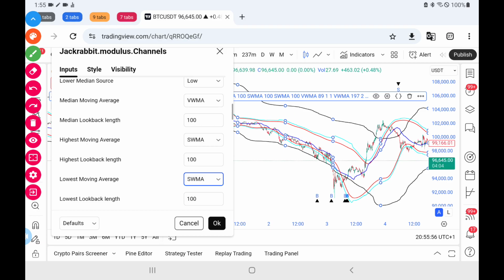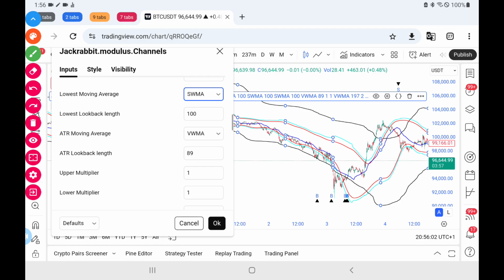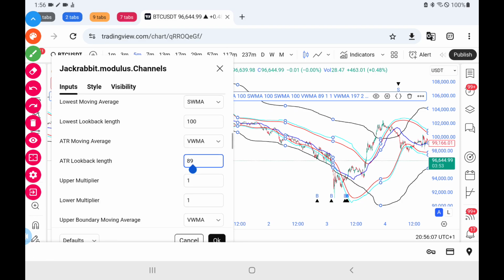Now let's tune the ATR a little bit. Let's take the average true range. Right now we have an 89. We have an upper and lower boundary radius, the red line, at 100 each. Let's take and set the average true range look back to double that.